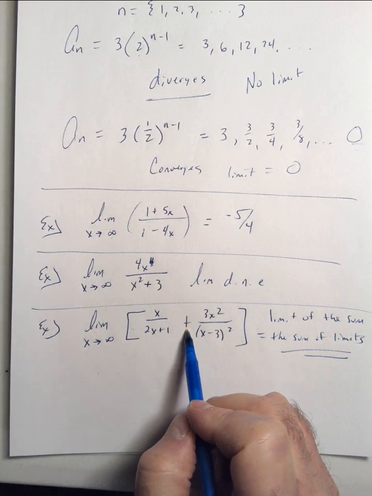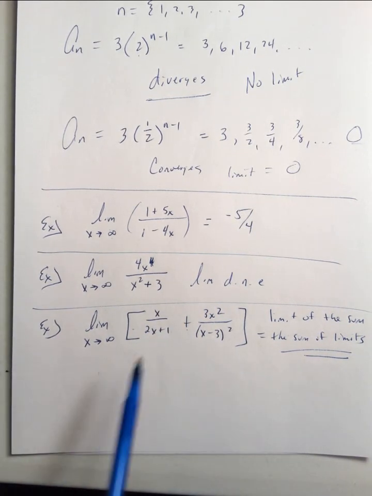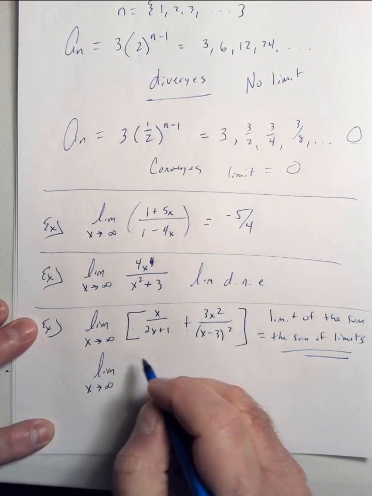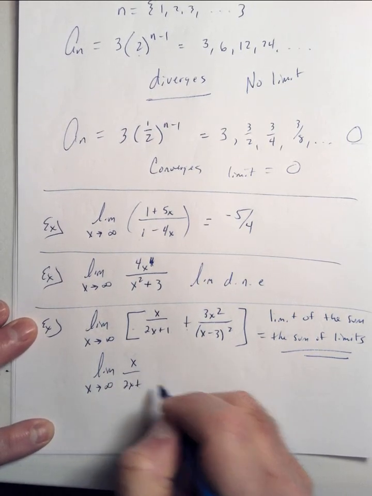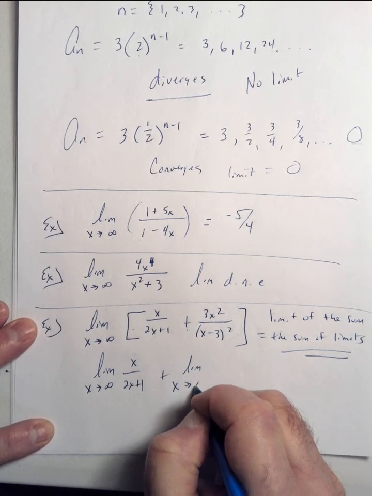And we have a sum here. So the limit of the overall sum is equal to the sum of the individual limits. So we can look at this as two separate limit problems. So for example, I can look at the limit as x approaches infinity of this plus the limit as x approaches infinity.